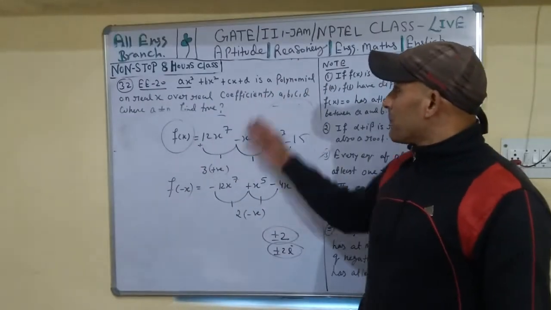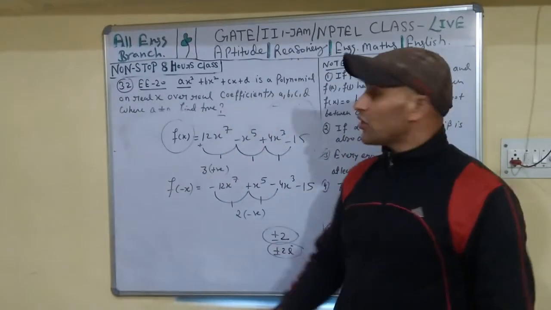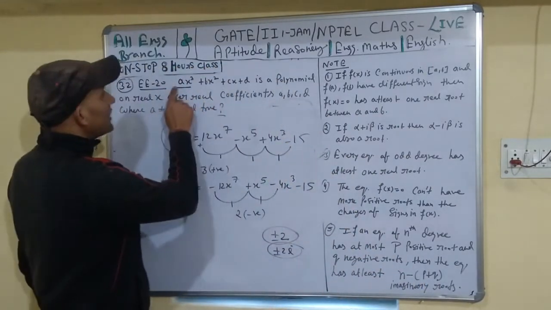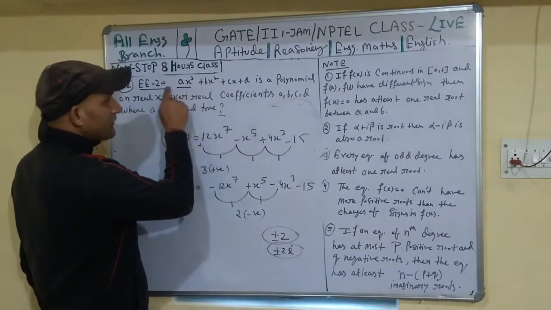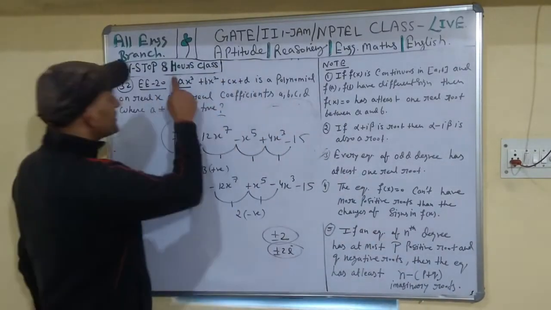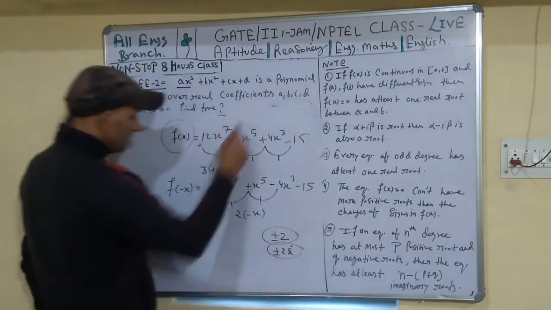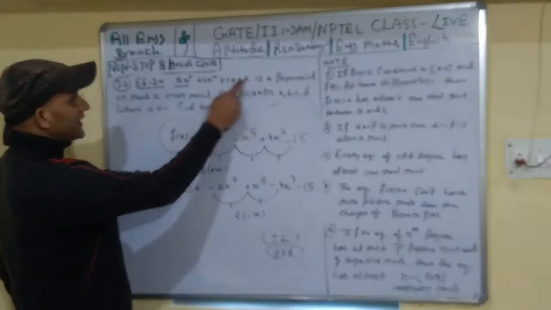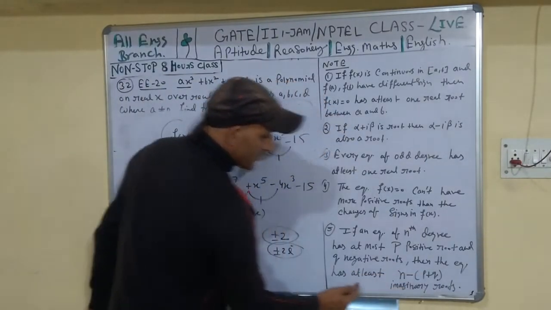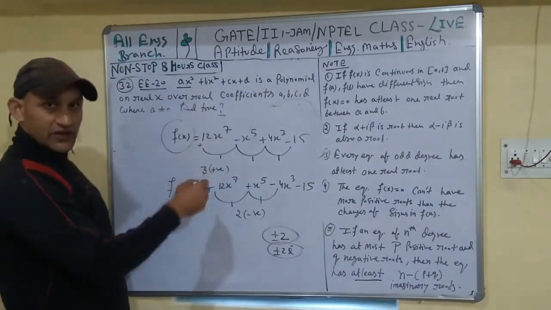But suppose we think a, b, c, d are all positive. In this condition, your positive roots, if all are positive, then change of sign is 0. There is no negative, so change of sign is 0. And for q, there is also no negative sign, so that is also 0. So n minus 0 means at least a total number of 3 complex roots in this condition.